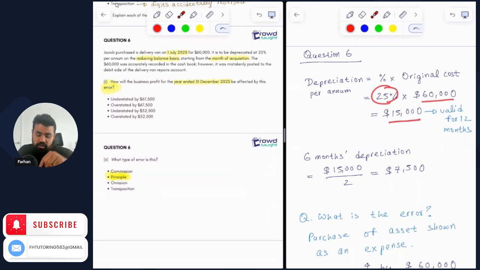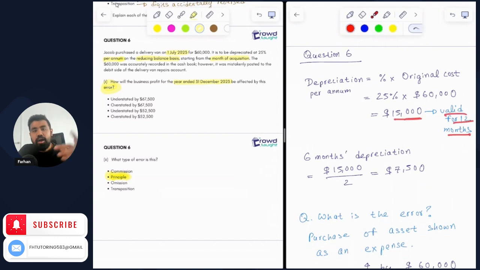But hang on, this 25% is actually an annualized rate, as the question clearly specifies, per annum. So the $15,000 we just calculated is actually valid for 12 months. But we purchased this asset on 1 July 2023, and we are calculating the profits for the year ended 31 December 2023. And the question clearly mentions that you are to only depreciate from the month of acquisition.